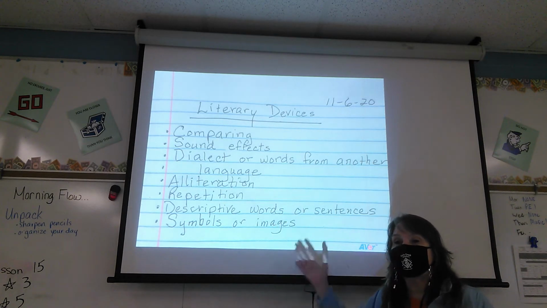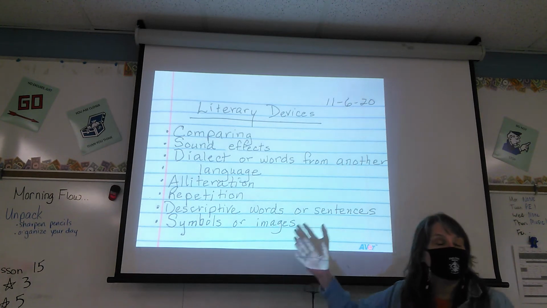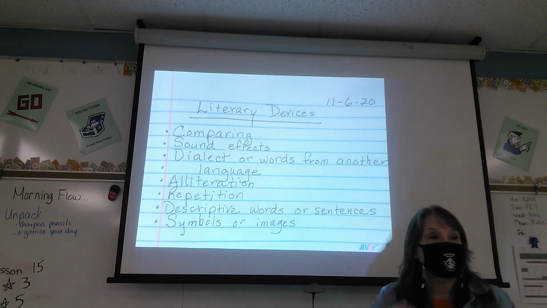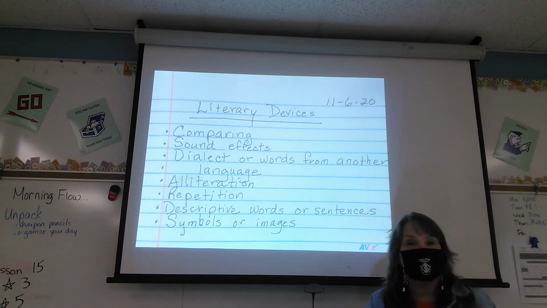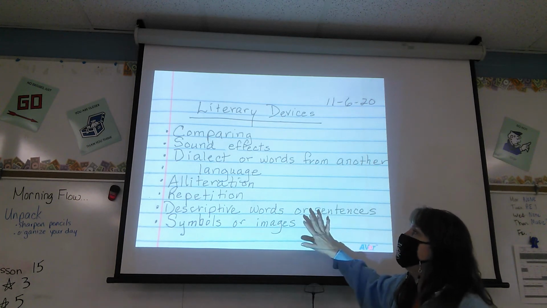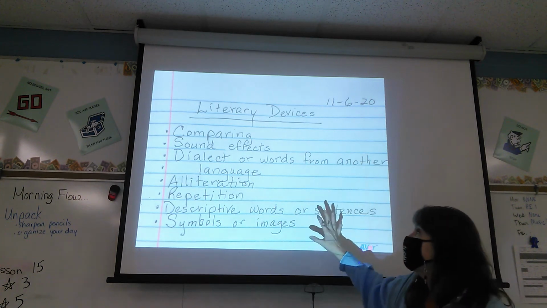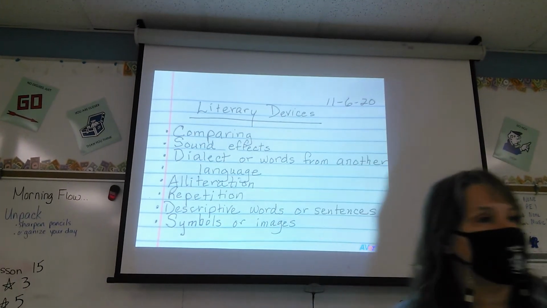Obviously, these lists are not very static. They're fluid, where we can add other literary devices as we think of them or as we learn of them. But I just wanted to take a few minutes to talk about these types of literary elements. The first one is comparing.